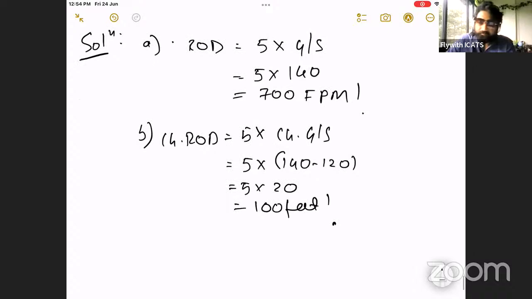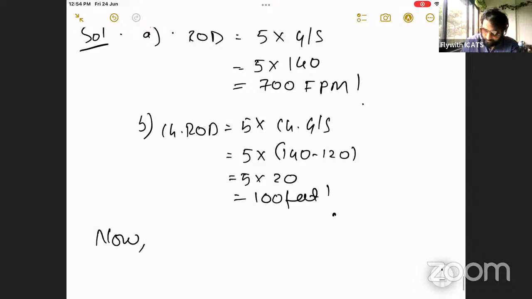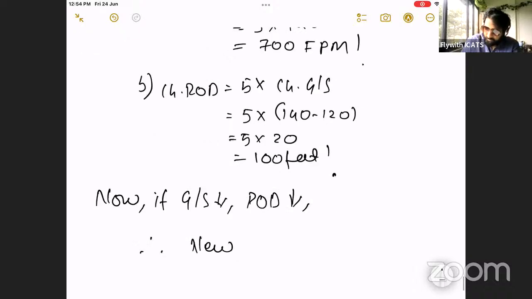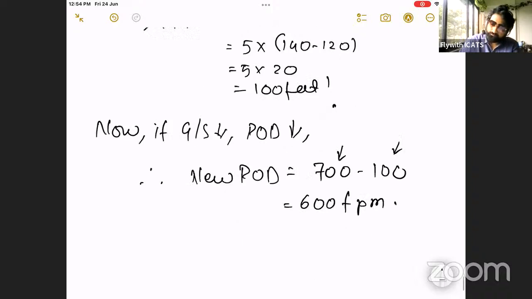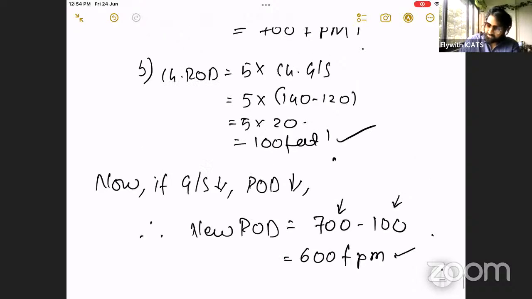Now follow the rule of thumb: if ground speed decreases, ROD decreases. Therefore, new ROD is 700 minus 100, the actual ROD minus the change, equal to 600 feet per minute. That is the new rate of descent. So change in ROD is there, new ROD is there, change in speed is there. Any confusion?